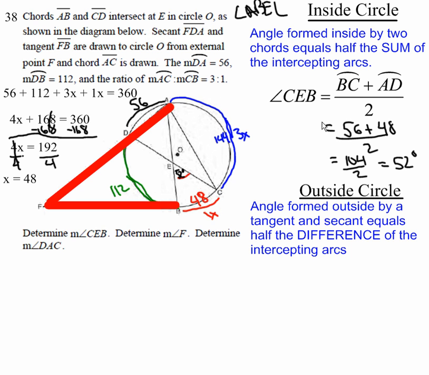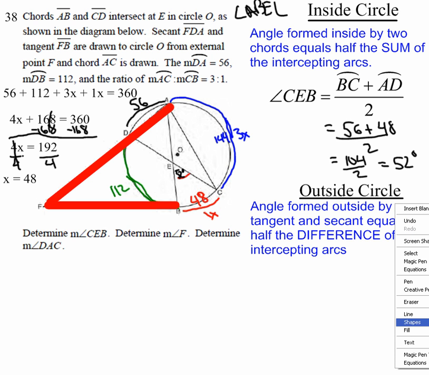Okay, now let's begin to think about the intercepting arcs of angle F. Okay, so the intercepting arcs of angle F are arcs A, C, B, meaning this whole arc here.